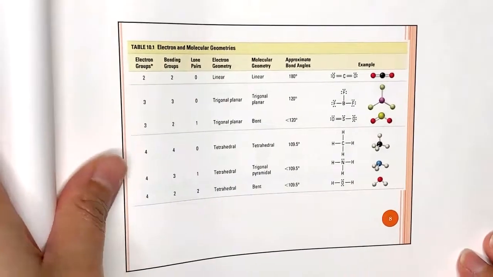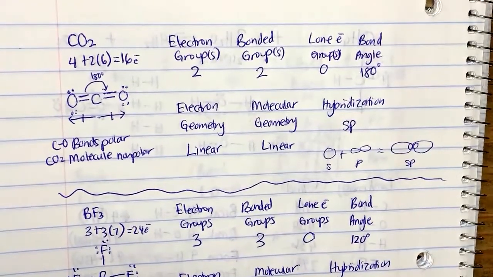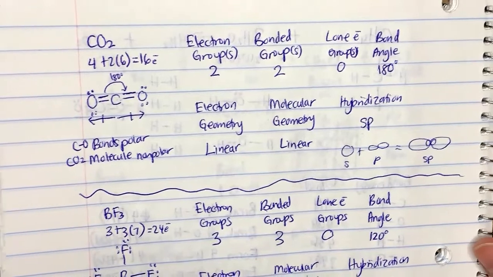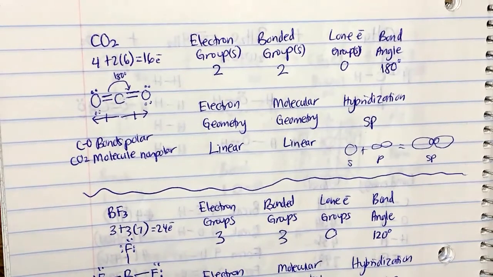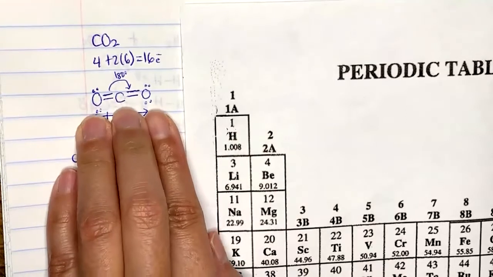Okay, so while we're doing that, I want to start with the first thing here. The first thing I want to focus on is carbon dioxide. When we think of carbon dioxide, what you have known before is none of this stuff, just right there.